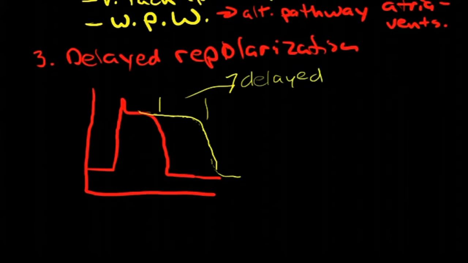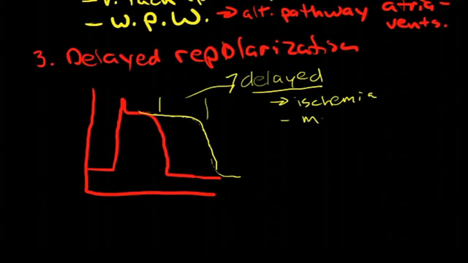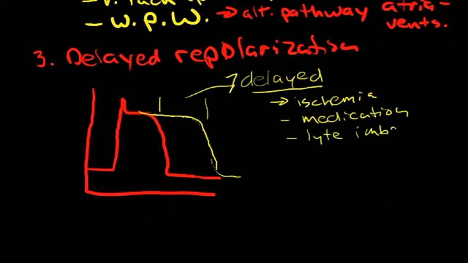And this can be caused by a number of conditions. This can be caused by heart cells that have been damaged by ischemia. It can be caused by a number of medications, or it can be caused by electrolyte imbalances, particularly magnesium, potassium, and calcium.